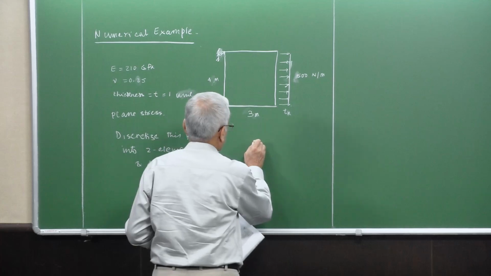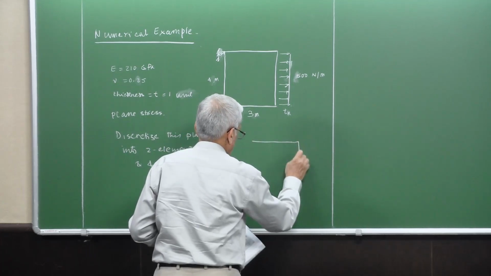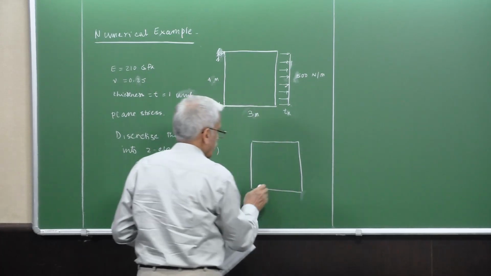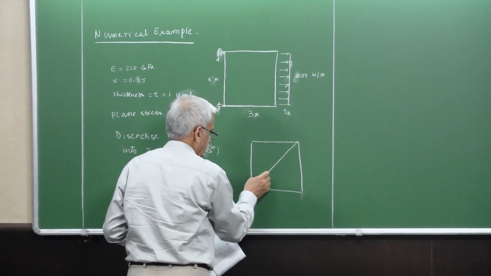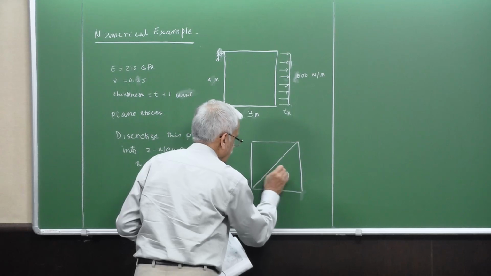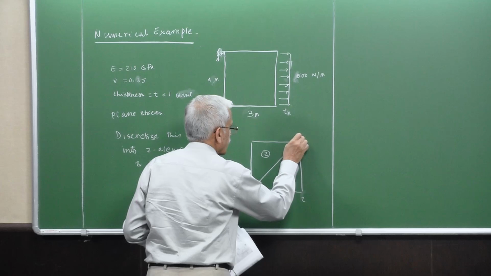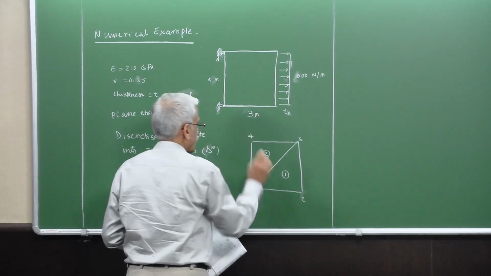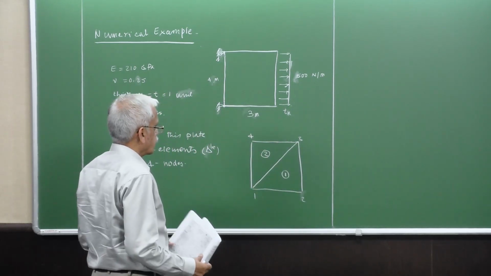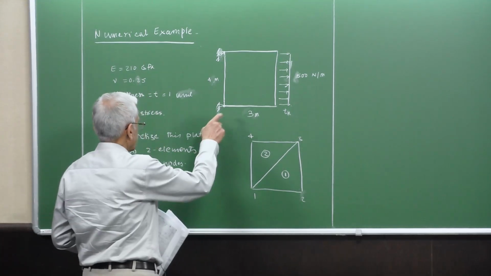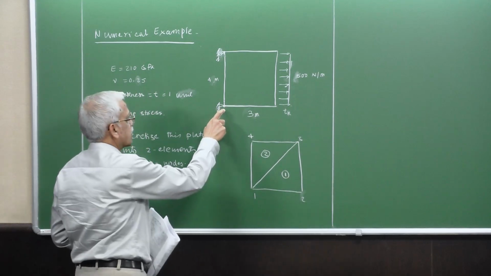So these are the four nodes and the two elements. And then we can also see the boundary conditions here.